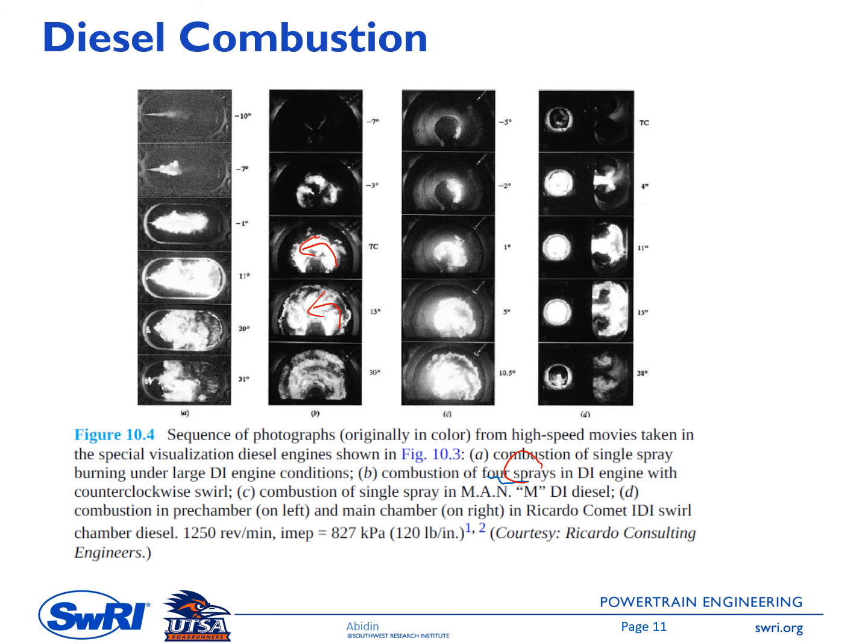And then C here is an example of the combustion system built by MAN, so they call this the M direct injection system. And then the last row, D here, is an example of the combustion with the pre-chamber. Looking at the picture, I believe the pre-chamber is on the left side here, and there is a nozzle connecting the left chamber to the right chamber, and then the flame will exit this pre-chamber on the left and propagate into the main chamber on the right side.